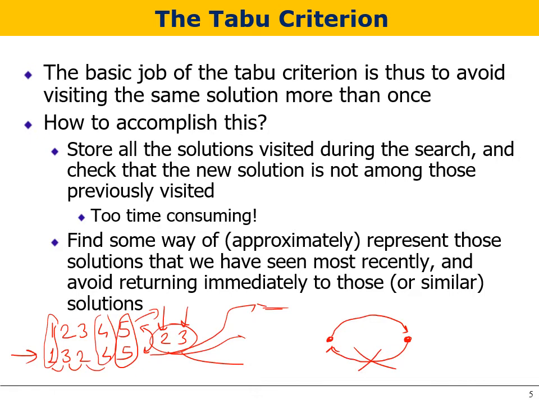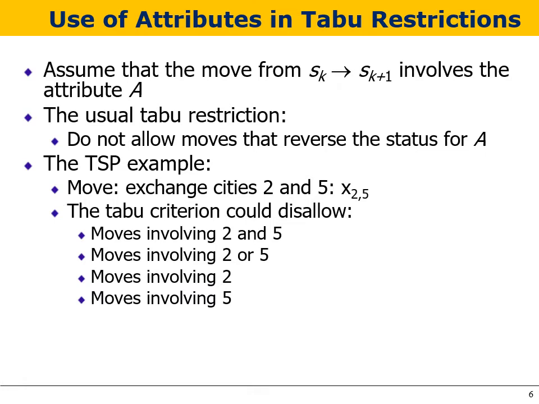So you don't need to keep the old solution. You just need to keep the move that returns it to the previous solution. So in our Tabu list, we just list these moves. We will make examples. To summarize what I have said, assume that we moved from s_k to s_k+1.